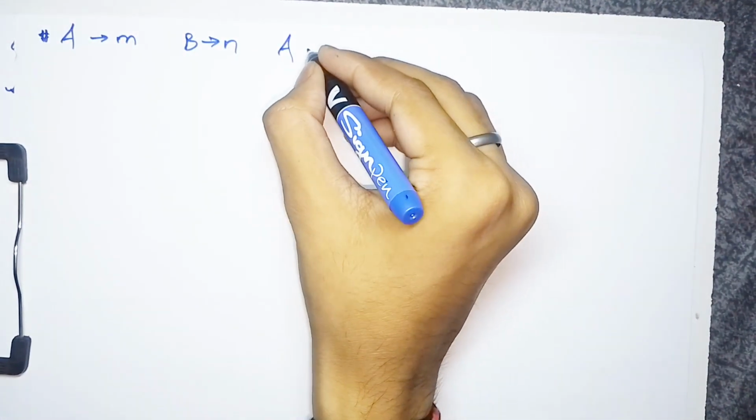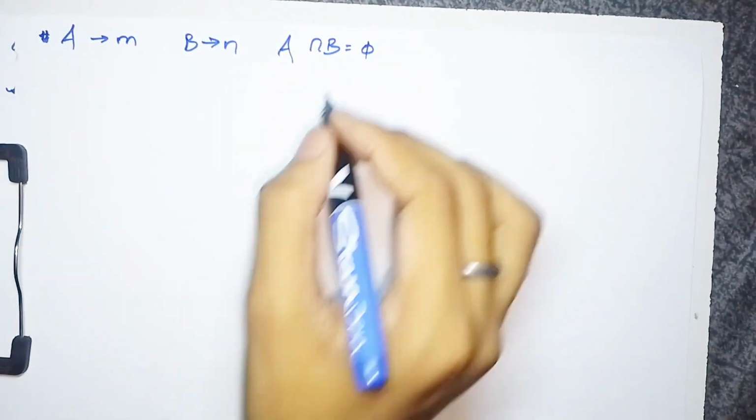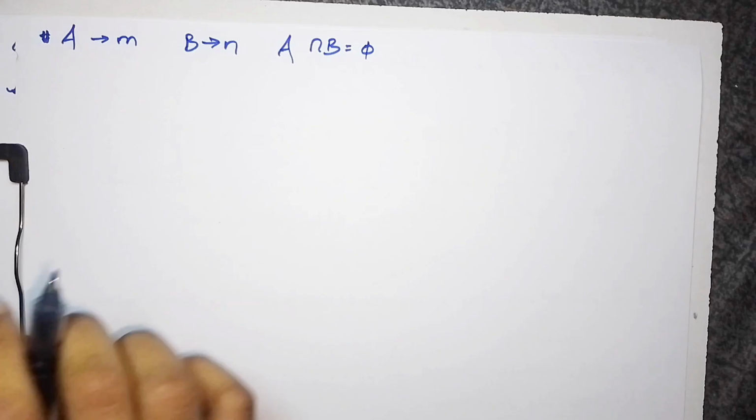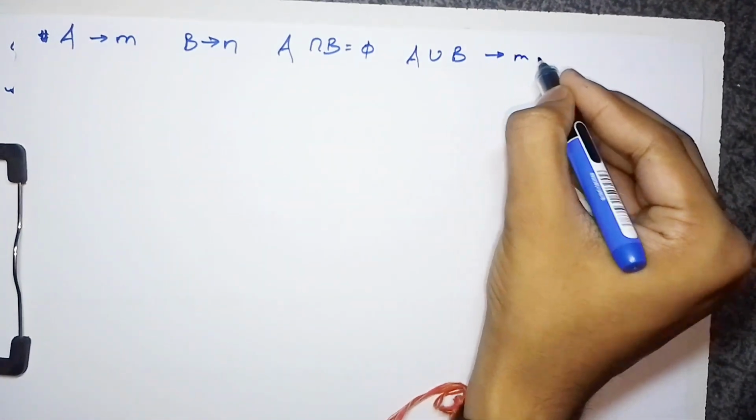If A intersection B is phi, then A union B will have m plus n elements.